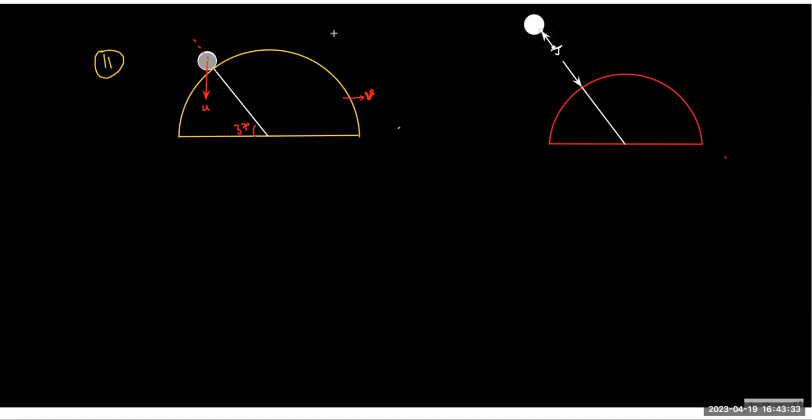Yes. And e is given. So what is the component here? This is how much? u cos 53, right? Yeah.